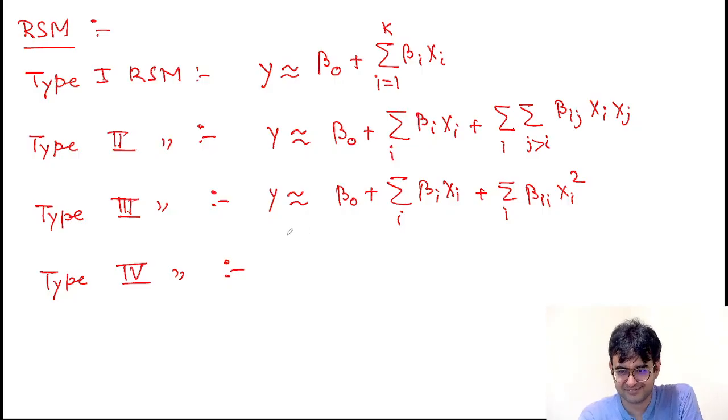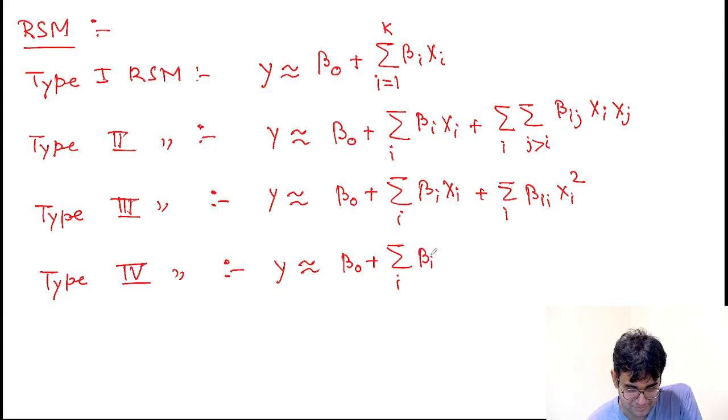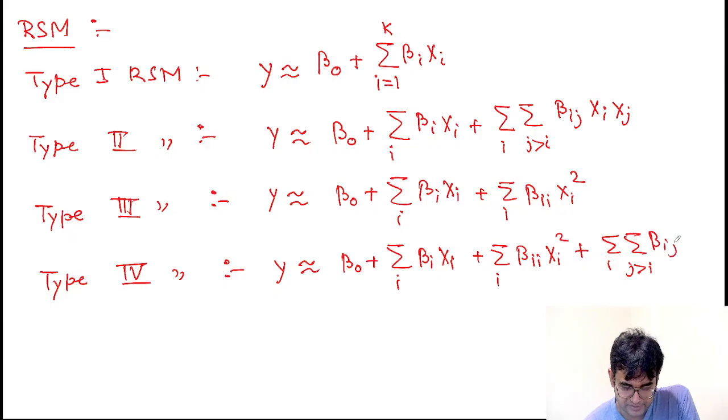But this is the basics, based on which: beta naught plus summation over i beta i xi plus summation over i beta ii xi square plus summation over i, j greater than i, beta ij xi xj. Yes, you can remove it and the last two terms can be combined.